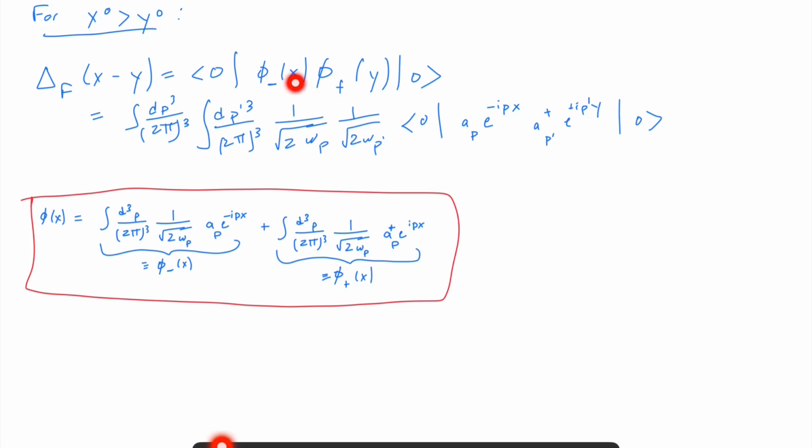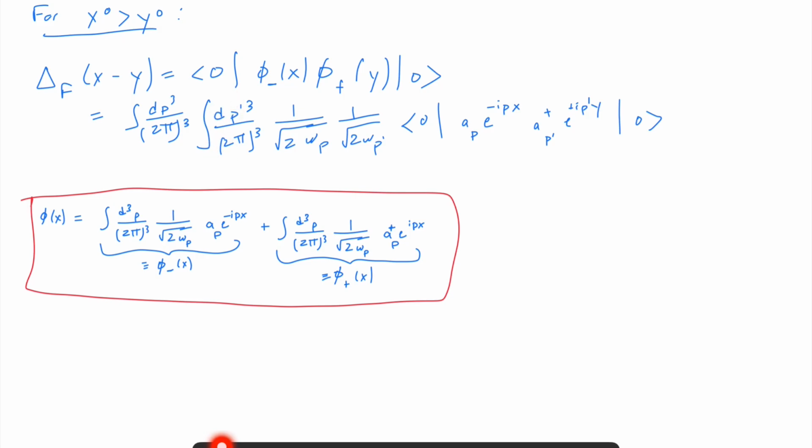In the continuous representation, this phi minus of x is all the destruction parts, a sub p e to the minus ipx, and it's the integral over d^3p over (2 pi)^3 of these terms, a_p e to the ipx. That's where this thing is. And this part here, the phi plus of y, is the same type of thing, but for the creation operator. So that's where the a dagger sub p prime e to the plus i p prime y comes in. That's from over here. And there's a y here, so a y here, and this x is x here.